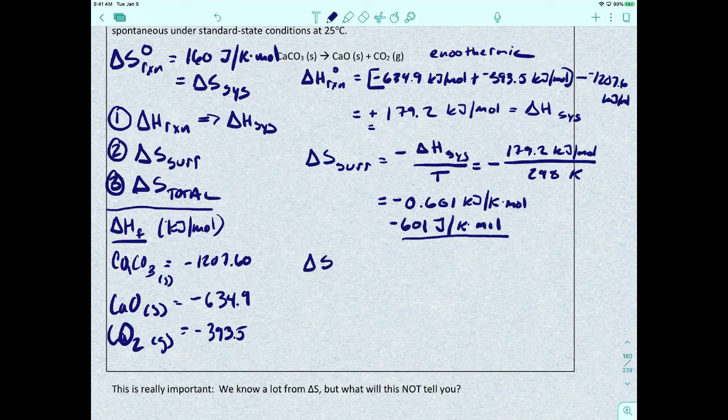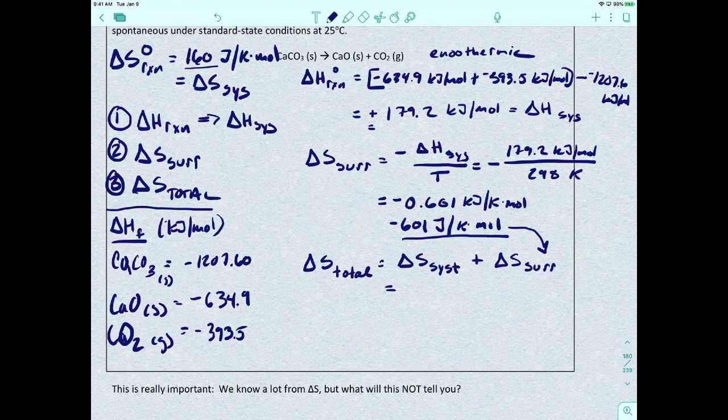Now, what we need to do is calculate the change in the total entropy. That's going to be equal to the change in entropy for the system, which we calculated before, plus the change in entropy for the surroundings. The surroundings is the value that we just calculated, the negative 601 joules per K mole.